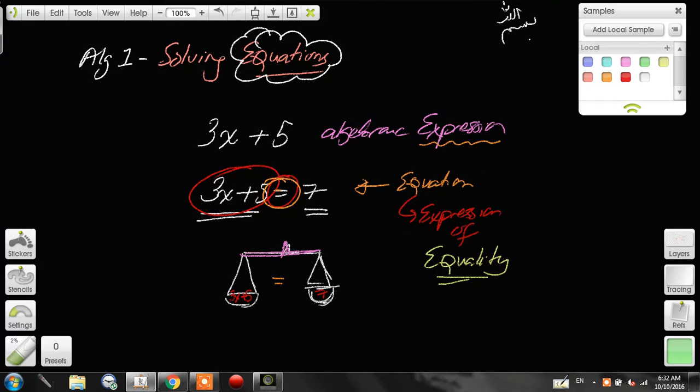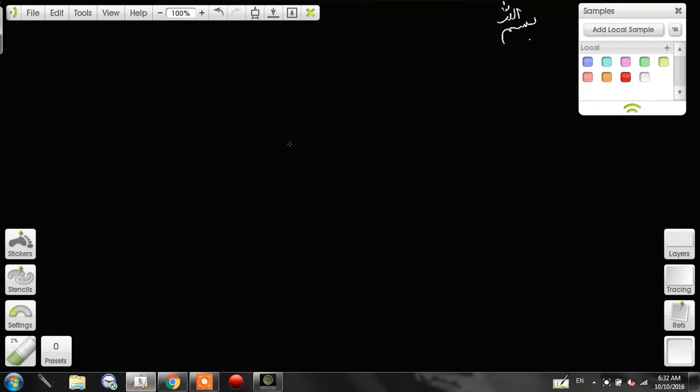For example, if you have a balance like this, right? And let's say you have oranges over here, and here you have apples, okay? If they're equal in weight, it'd be like this.